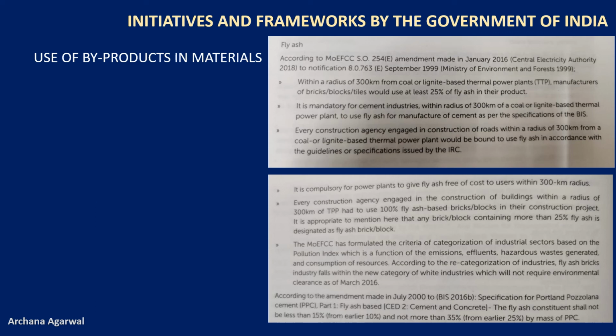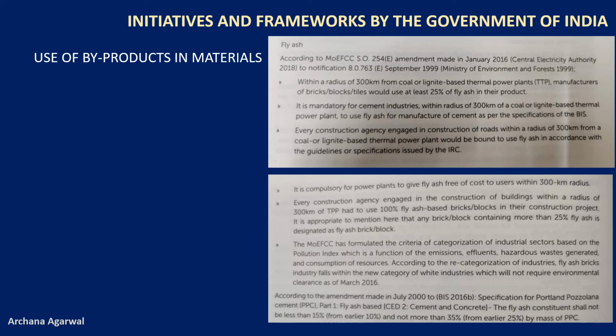Every construction agency engaged in the construction of buildings within a radius of 300 km of TPP has to use 100% fly ash based bricks or blocks in their construction project. It is appropriate to mention here that any brick or block containing more than 25% fly ash is designated as fly ash brick or block.